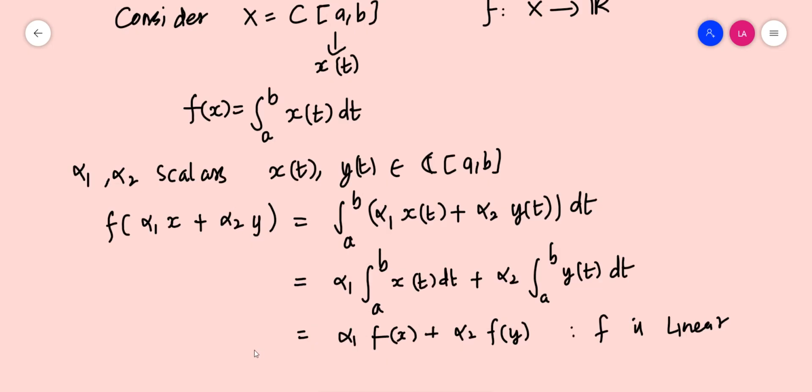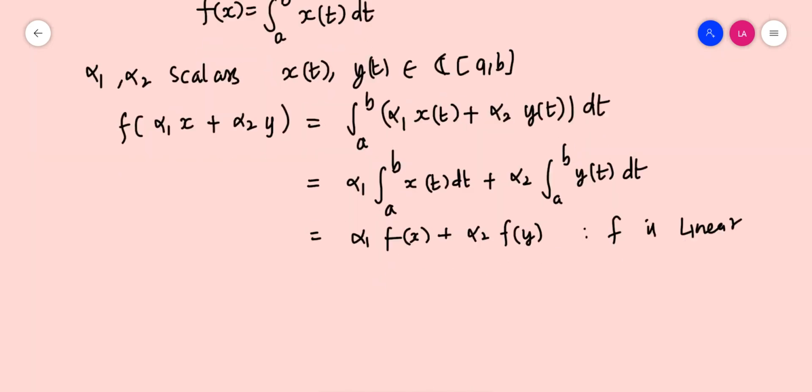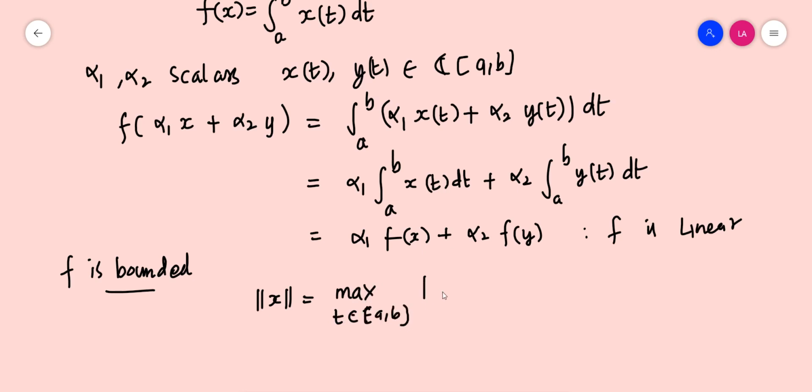Now it is enough to prove that it is bounded. So f is bounded. In order to prove that f is bounded, observe that norm x on C[a,b] is the maximum over t in the closed interval [a,b] of modulus of x of t.